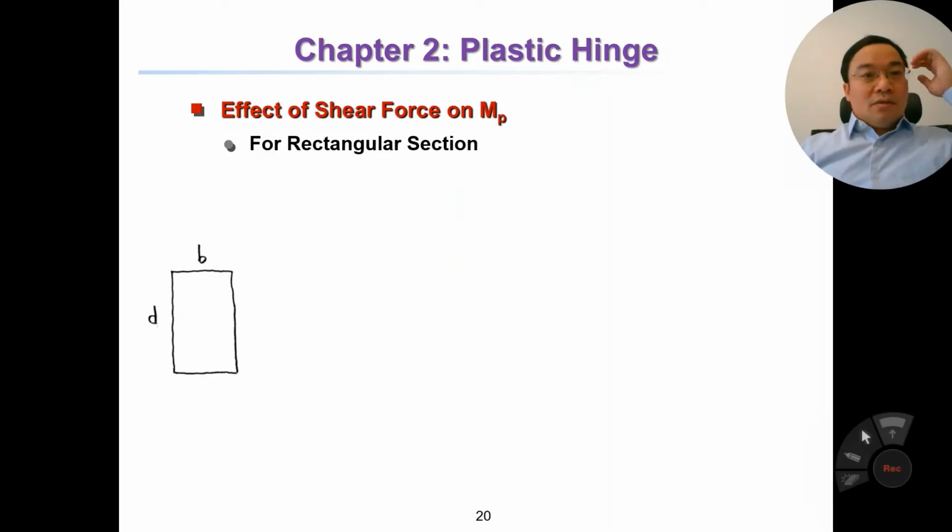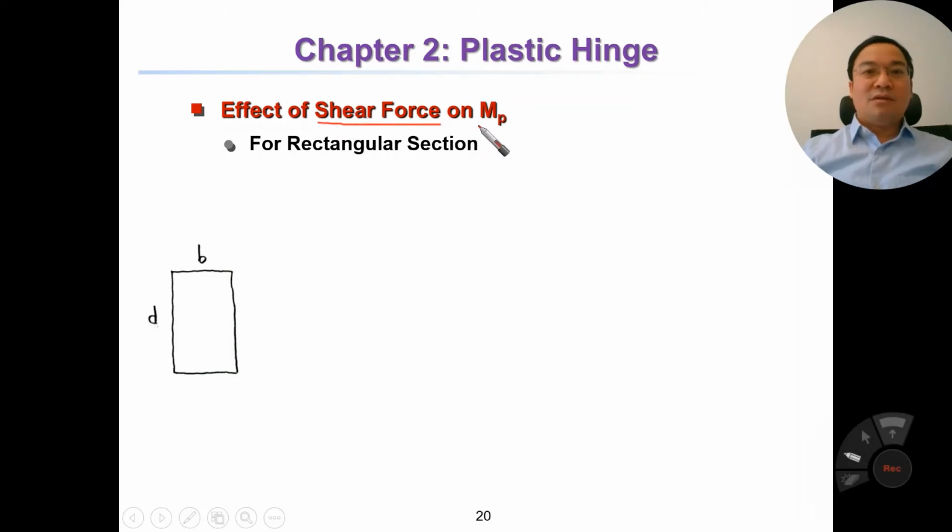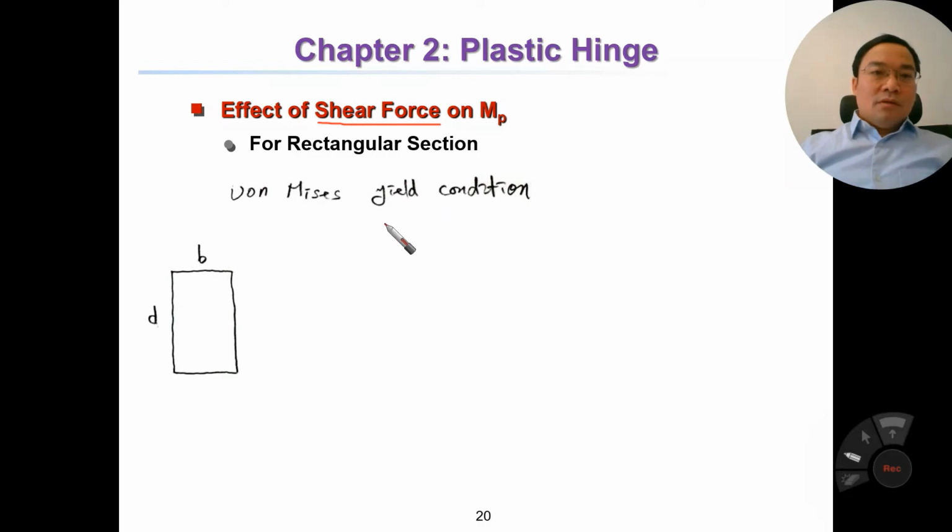Okay, so next is the effect of shear force on MP. Previously we considered the effect of the axial force, and now we consider the effect of shear force on MP. First, we consider the rectangular section. As you know, for shear force, we use the von Mises yielding condition.